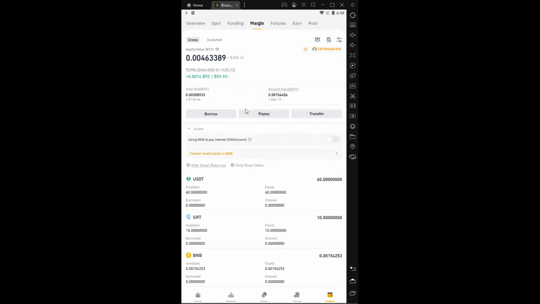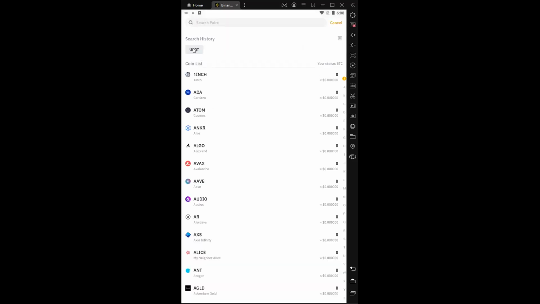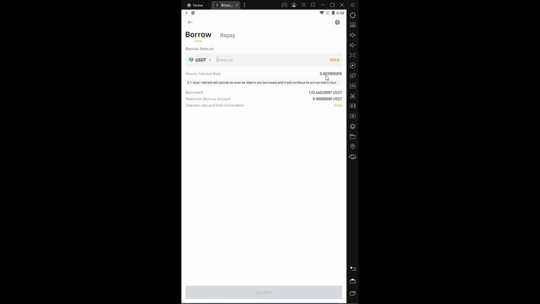So how does the exchange profit from this? There is an hourly commission that you pay. It's very, very minute. You can see it there, USDT: 0.0025% is the charge incurred on this borrow every hour.